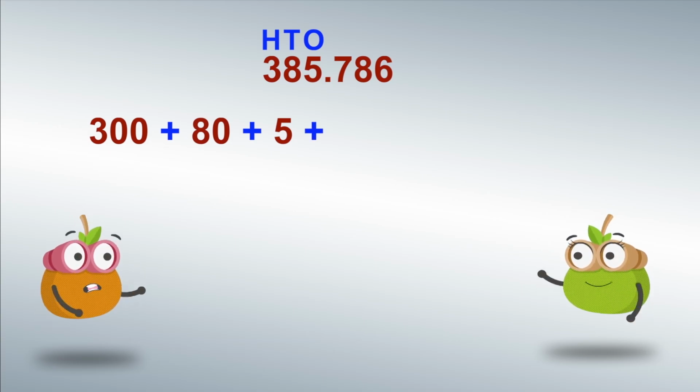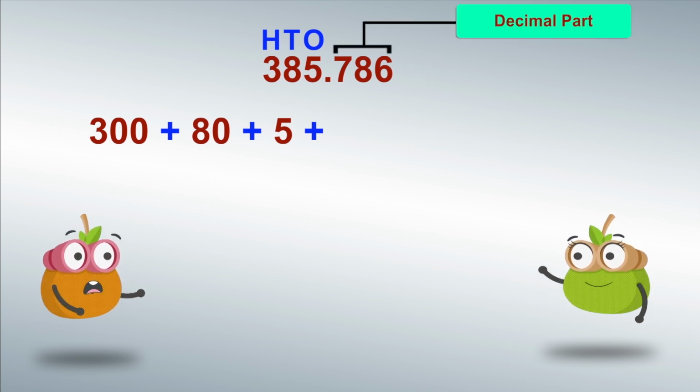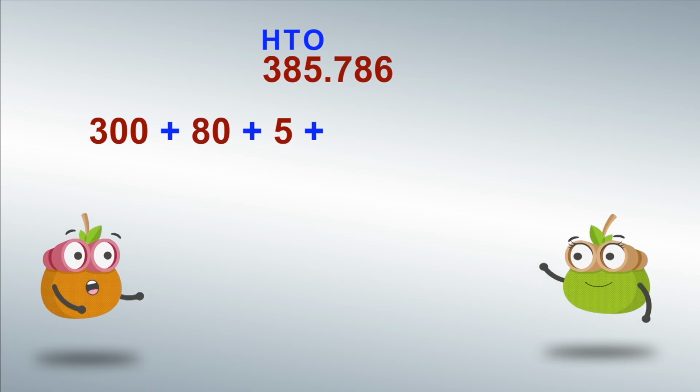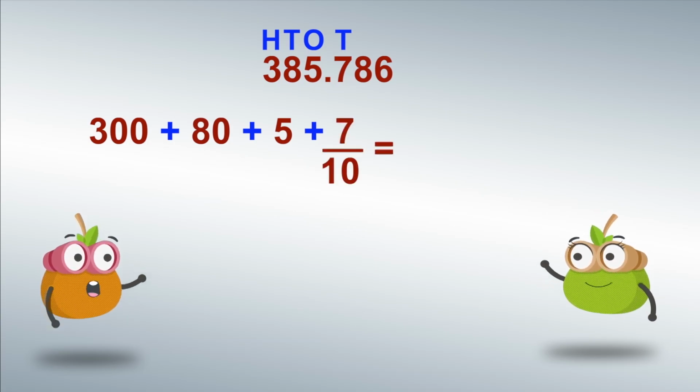Step 2. Observe the part on the right side. The part to the right of the decimal point represents the decimal part. Here it is 7, 8, 6. Step 3. 7 is at tenths. Write it as 7 upon 10 equals 0.7.